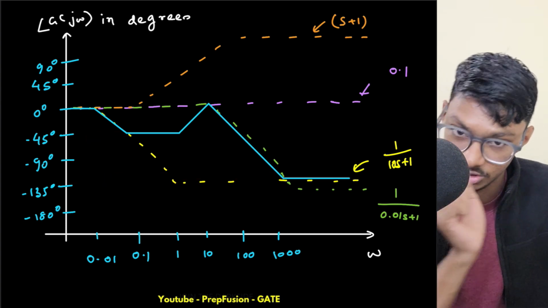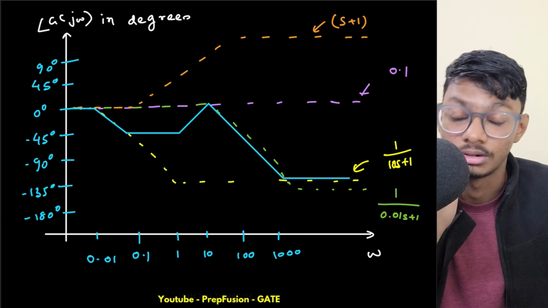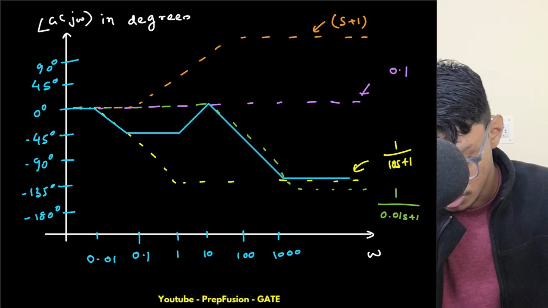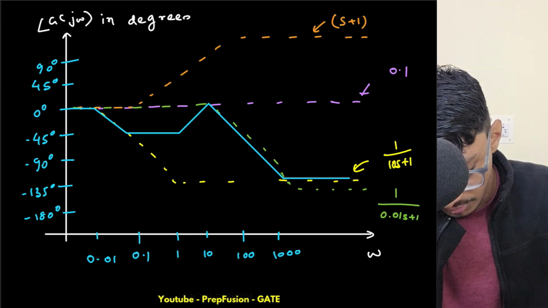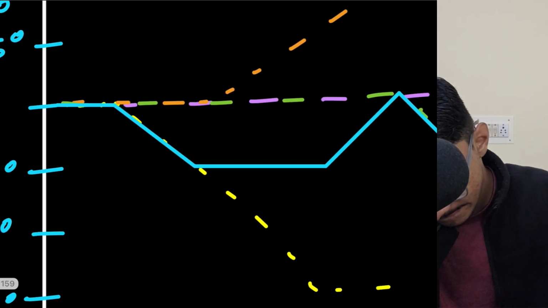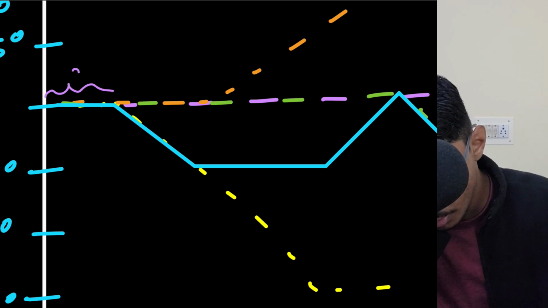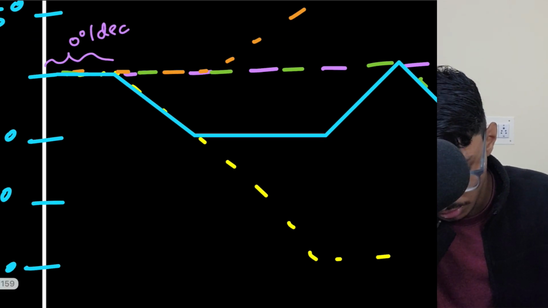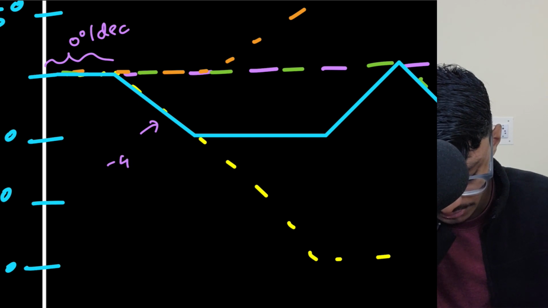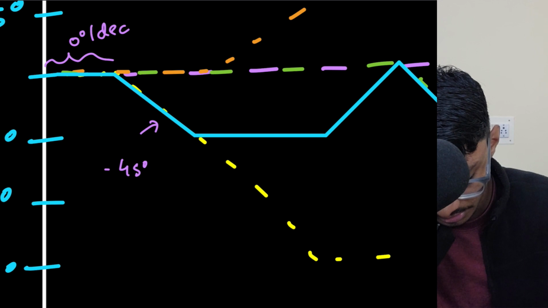So I'm just interested in the phase slopes of the phase plot. So let me break it down. So in this region my slope is 0 degree per decade. Okay, in this region my slope is minus 45 degree per decade.